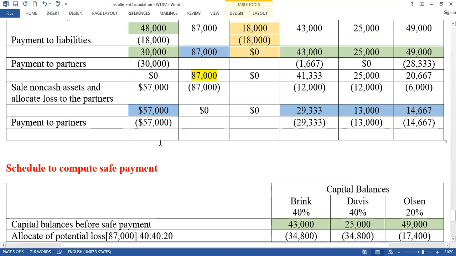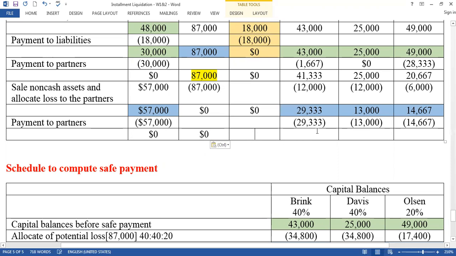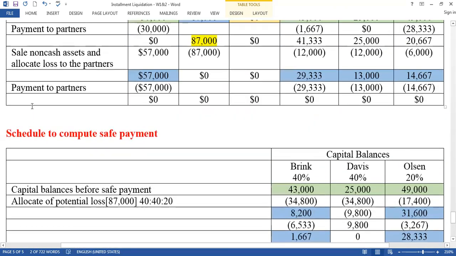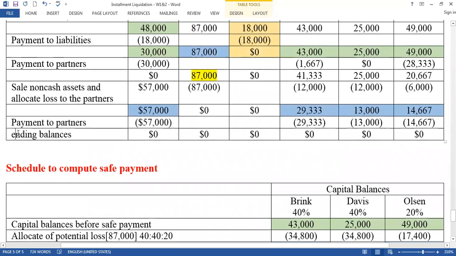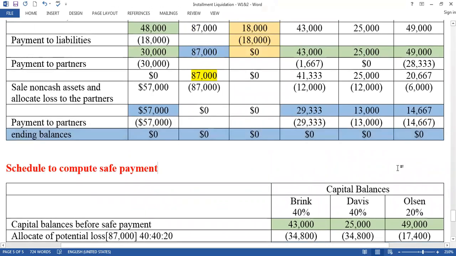After paying this capital, what is the balance here? 0. You can say all 0, and this is the ending balances. So the partnership is closed, right?